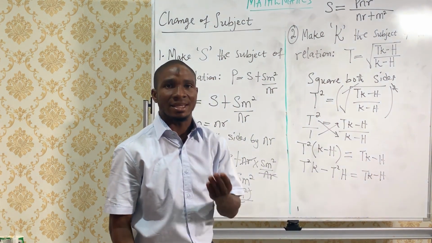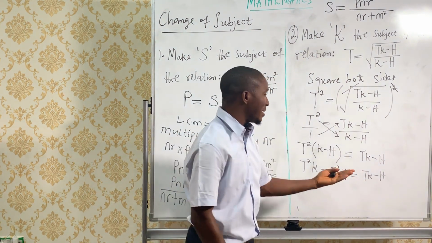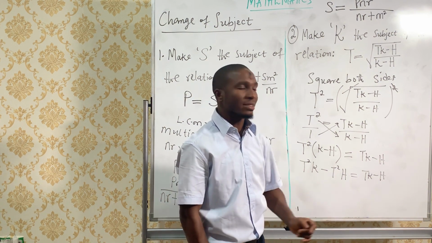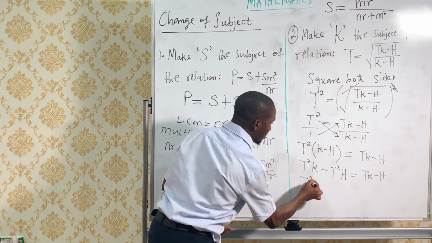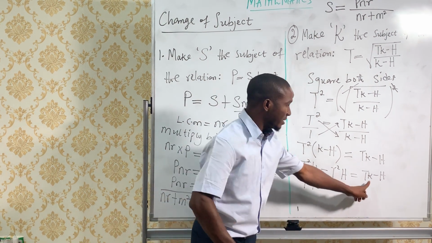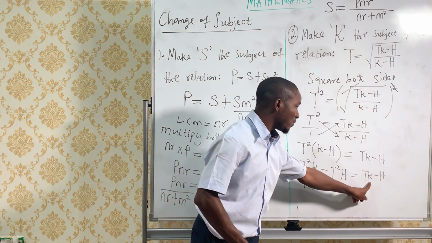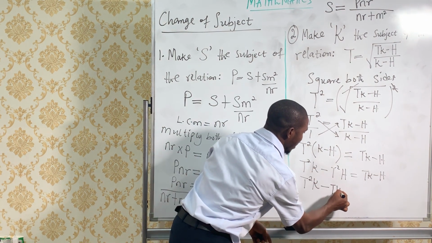Our main target is K. So now we collect like terms. We make sure that the terms that have K are on one side and those that do not have K are on the other side. This one has K, so we leave it here: T squared K. This is TK, and we bring it to the other side. It's plus here, so when it comes here it becomes minus TK.